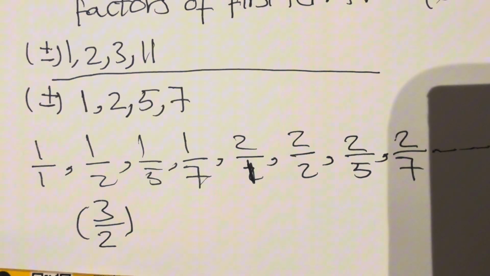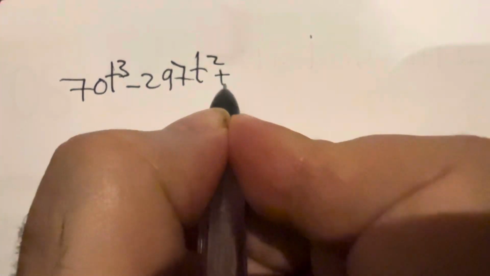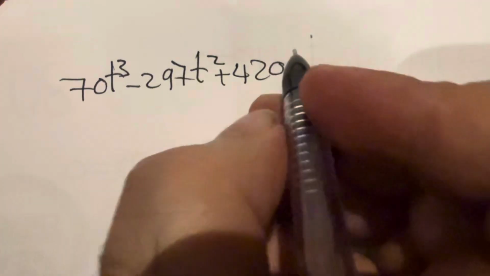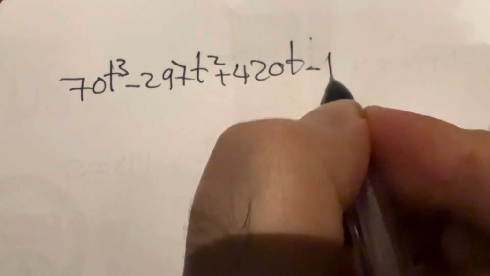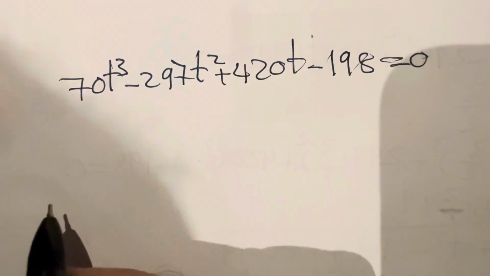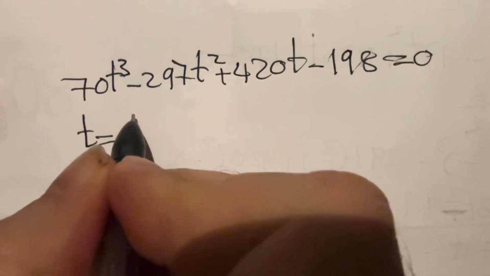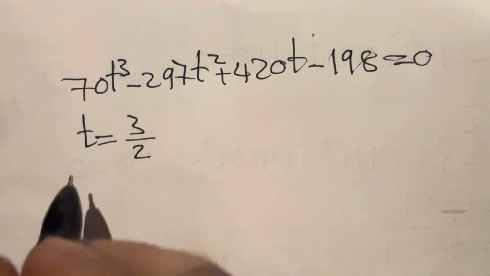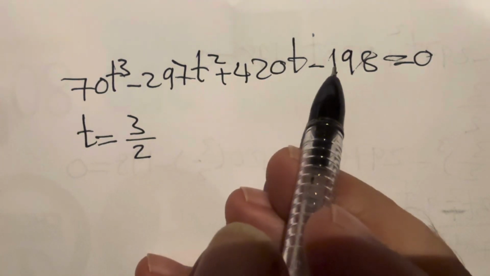So we rewrite the equation again: 70t cubed minus 297t squared plus 420t minus 198 equals 0. So t equals 3 over 2 is the only factor which makes the whole equation equal 0, it is one of the roots.